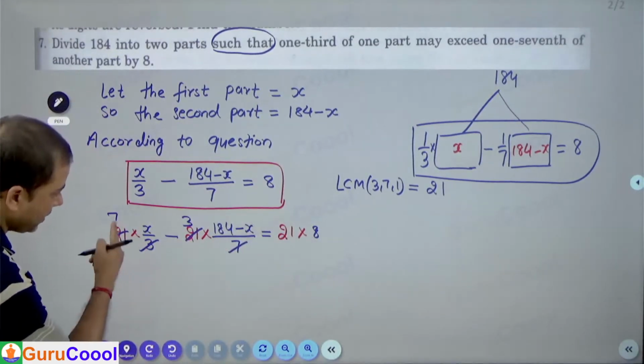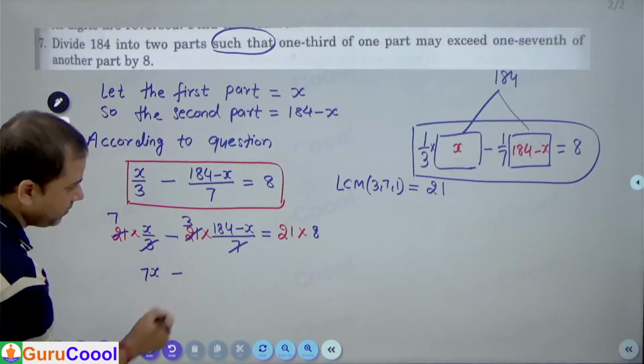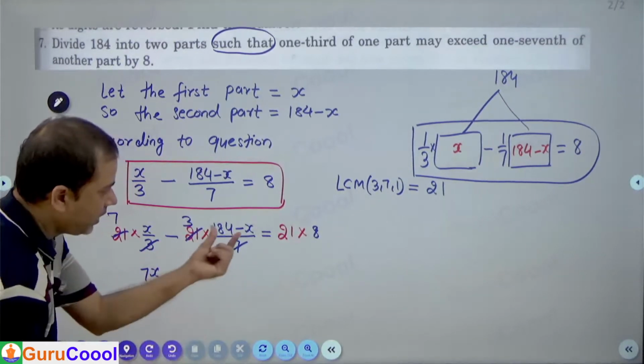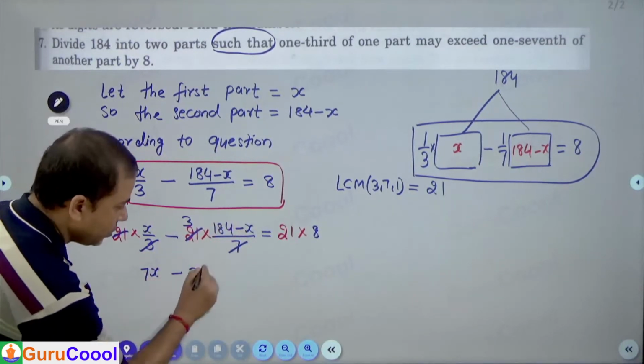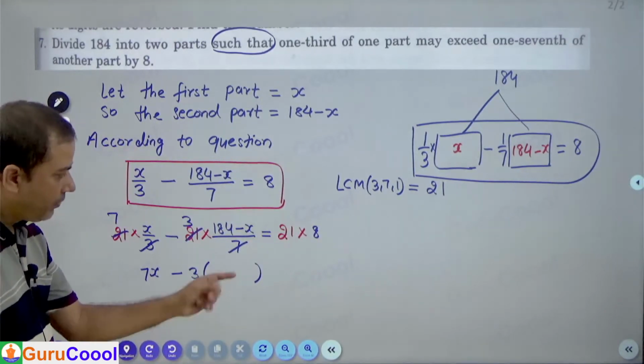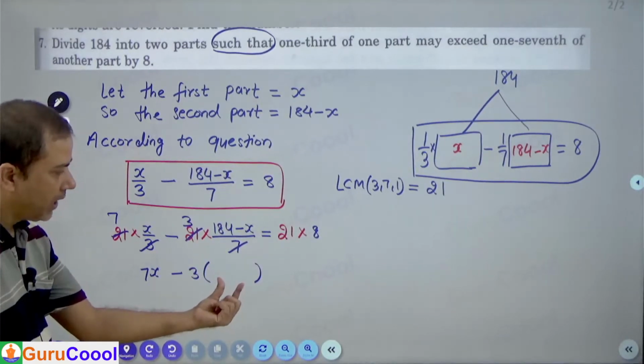Okay. 7 into x is the first term, minus sign, 3 into this. Notice it is a binomial, 2 terms, so don't forget to put a bracket. Remember, if it is a single term, then no worries, no need to take a bracket.